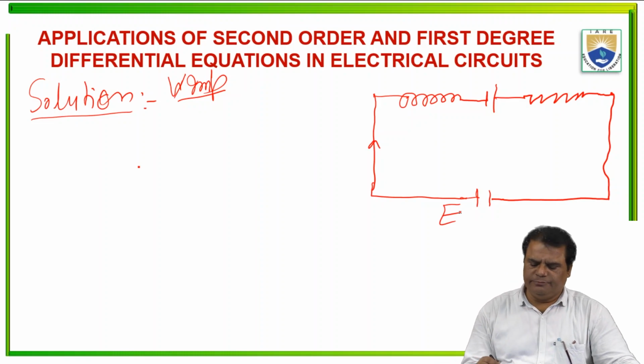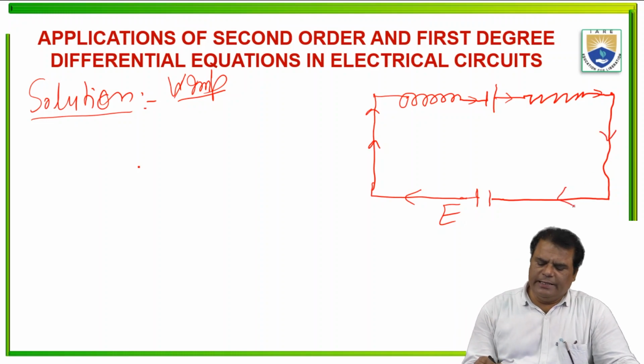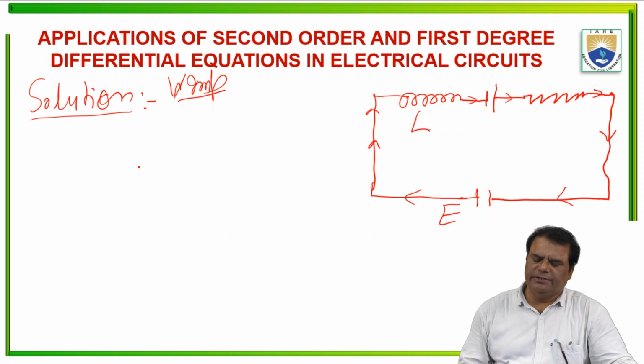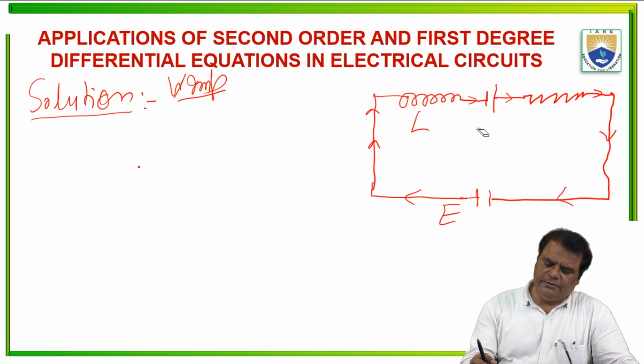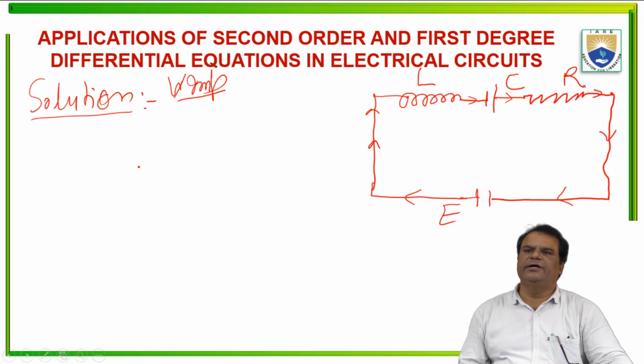This is the diagram. This is the current flow. Here is L, inductance. Here is C, capacitance. Here is R, resistance.